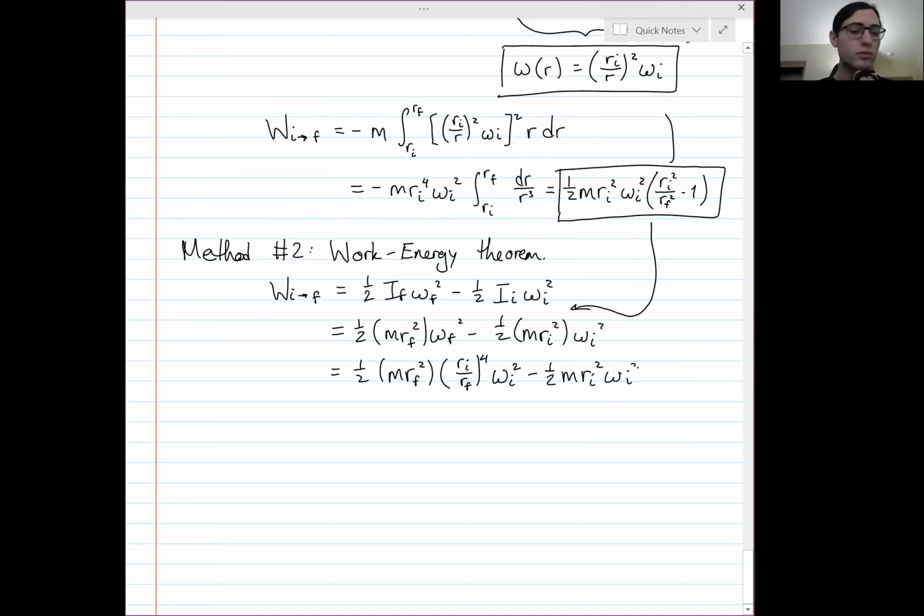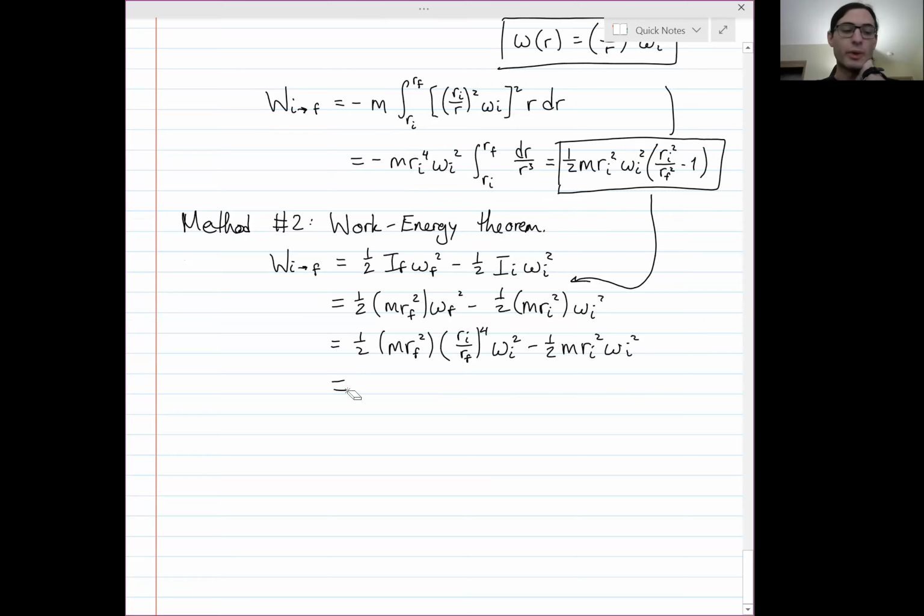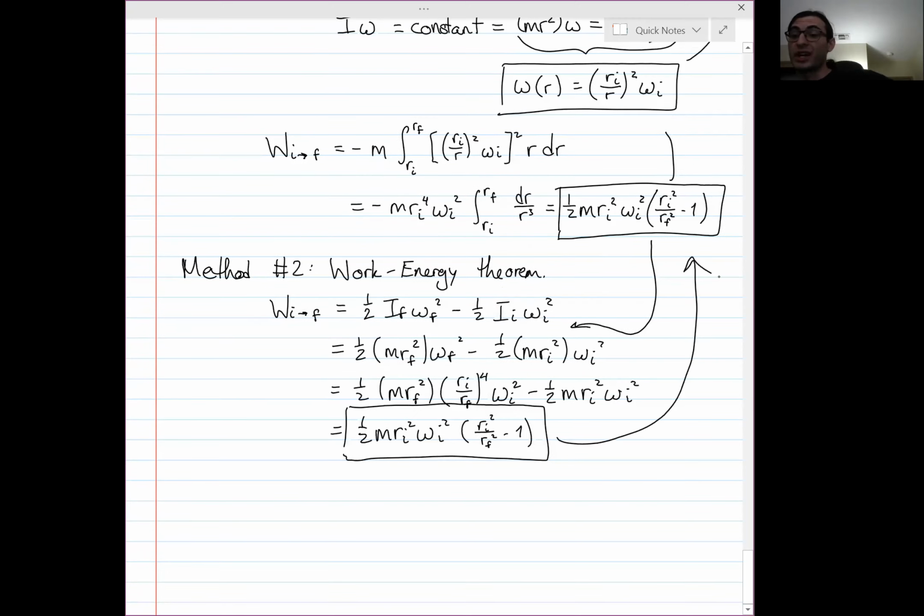So far so good, I hope. And so now we can just factor, or rewrite in factors. So this is 1/2 m Ri squared omega I squared, times (Ri squared over Rf squared minus 1). And now, to be on the safe side, let's check, and indeed it does check out.